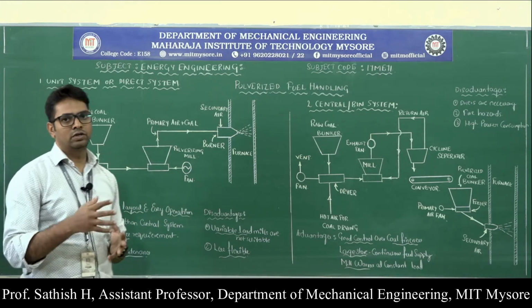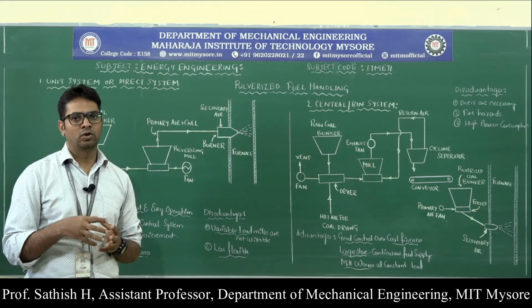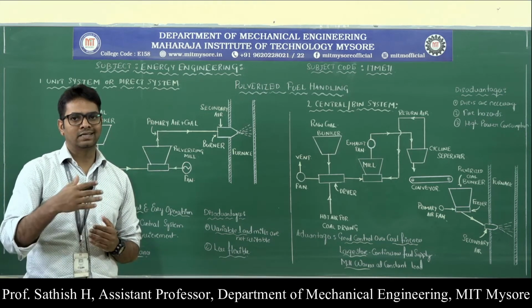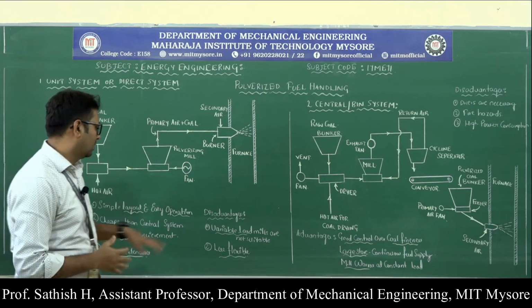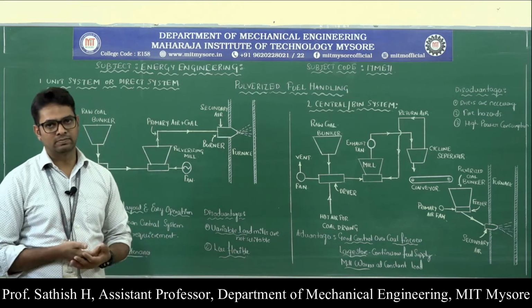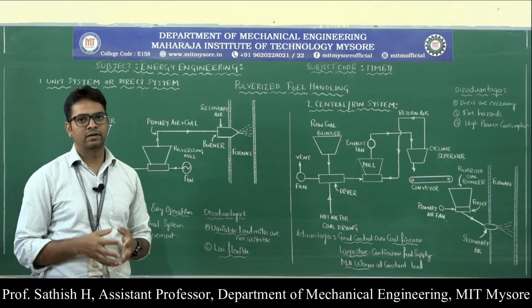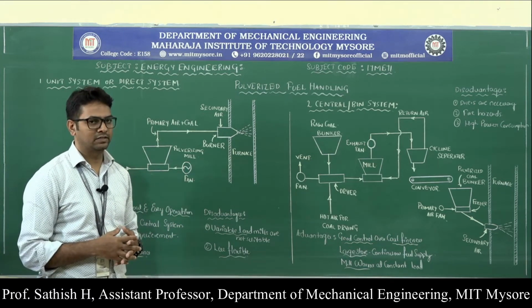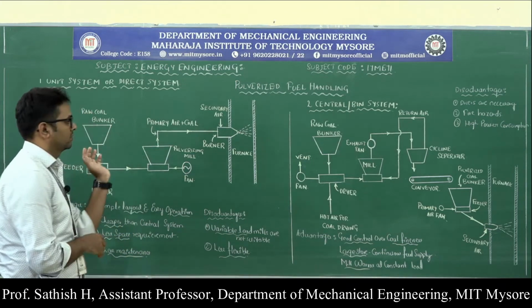If the loads are varying, the supply of pulverized coal might not meet the demand at the output. That is why variable load mills are not suitable, and it is less flexible. You can't operate for varying loads. That is one of the disadvantages of this unit system or direct system.